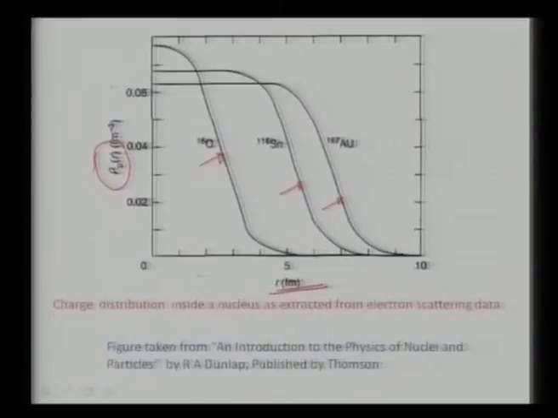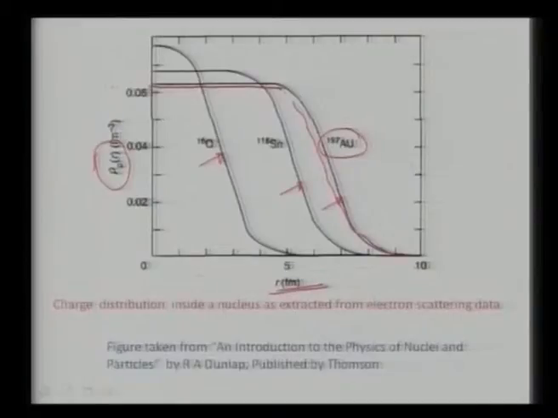So, if you take for example this gold curve, this density is almost constant up to a certain length, and that length would be around 5 femtometers, and after that it falls. It does not fall very sharply, you have a tail type of thing, it falls, and around 9 femtometer or so, it looks like it has become 0.